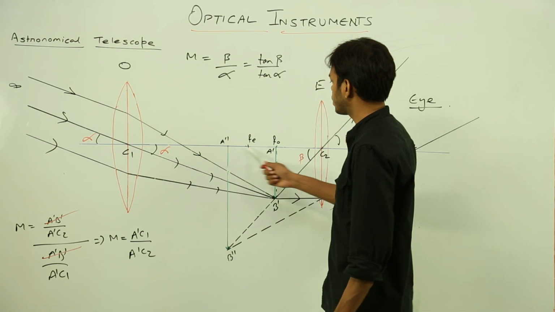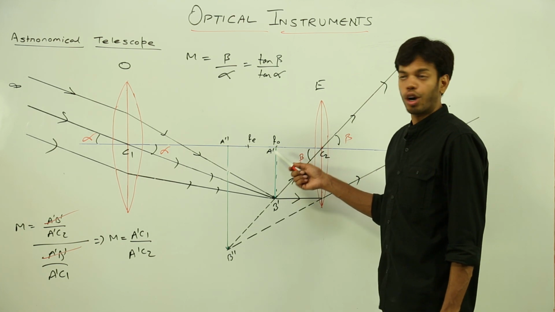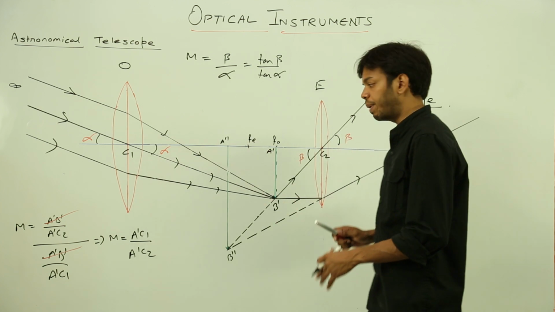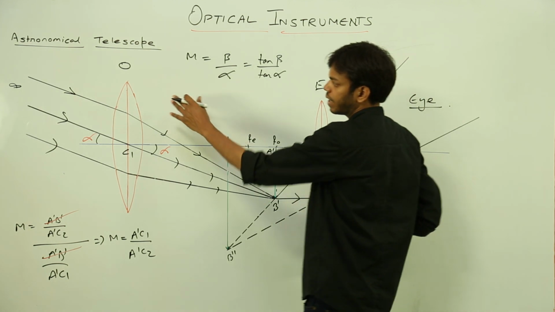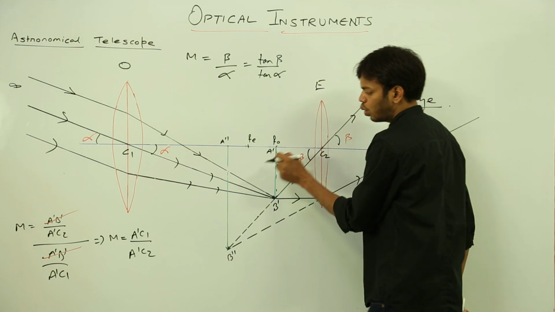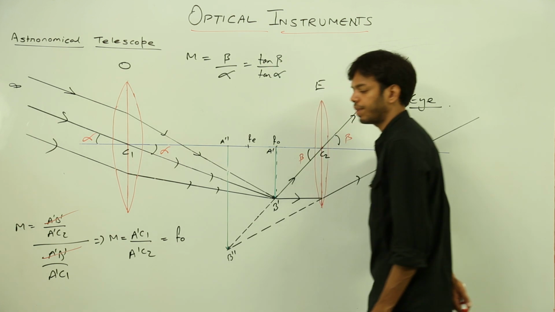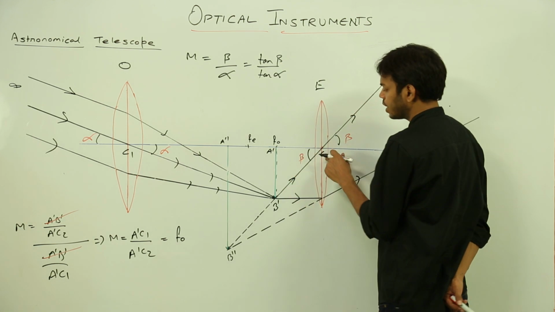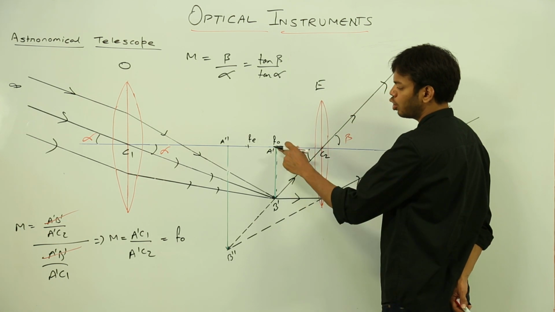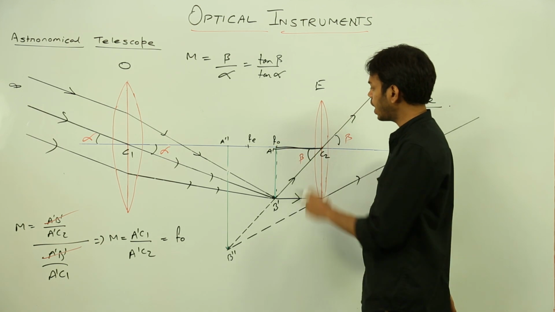Now what is A'C1? This length is the image distance for the objective lens, but this is also the focal length of the objective lens, because the rays coming from infinity are meeting at the focal plane. So this A'C1 is the focal length of the objective lens, number one. Number two, A'C2, this length is basically the object distance for the eyepiece.